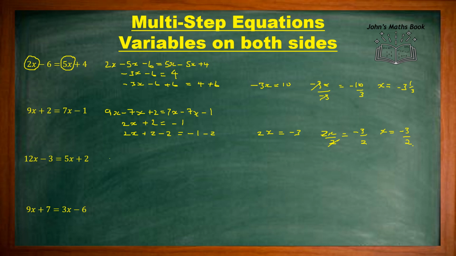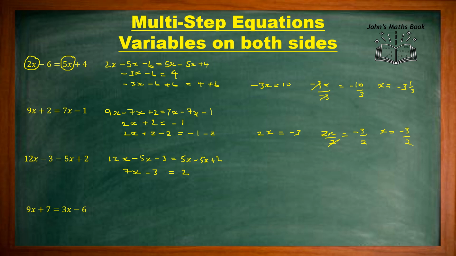So 12x minus 5x minus 3 equals 5x minus 5x plus 2. So 12x minus 5x is 7x minus 3 is equal to 5x minus 5x, which eliminates the x variable on the right hand side, is equal to 2.